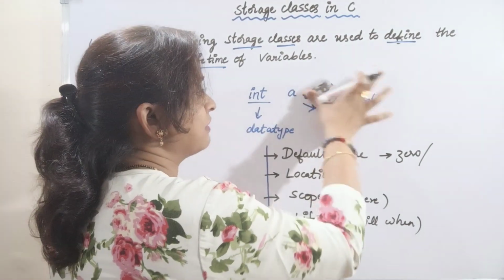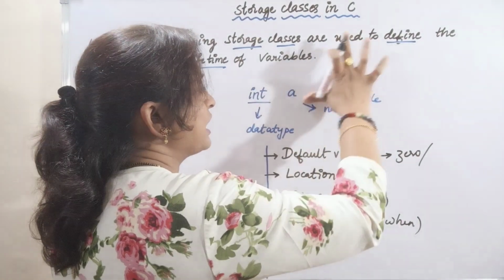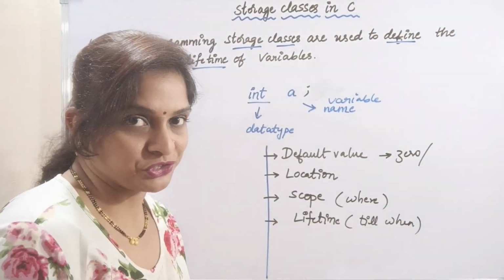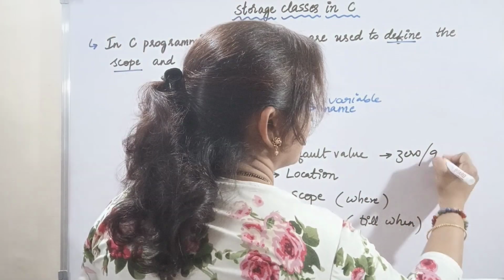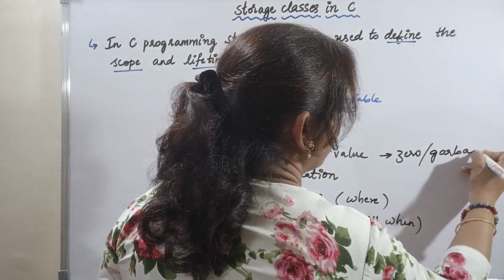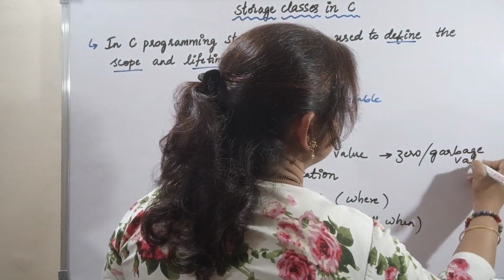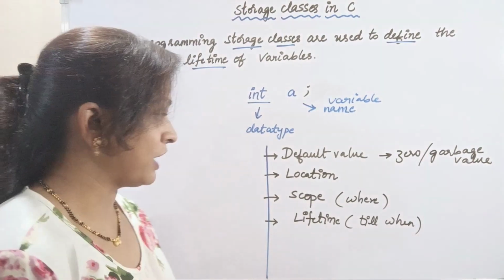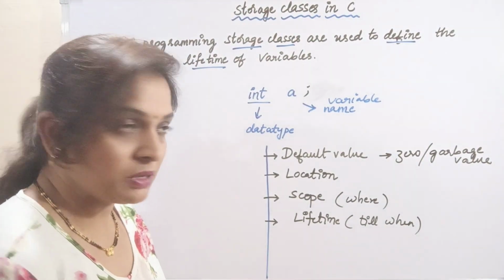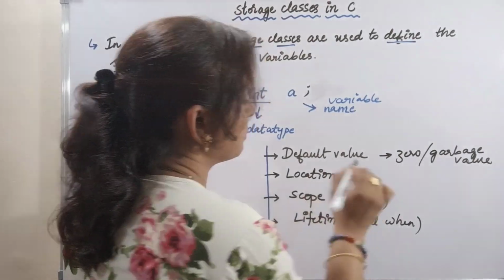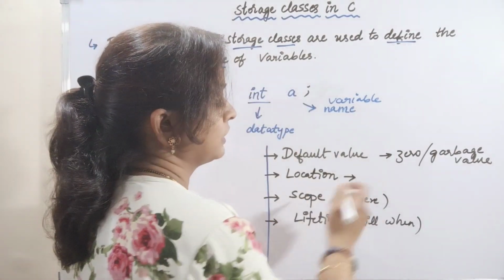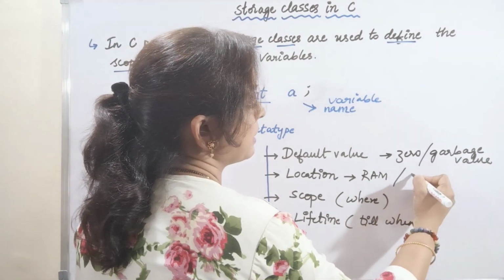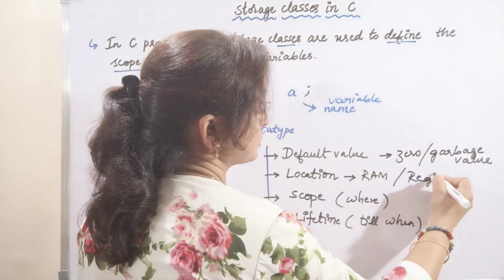If you have not initialized the variable, then it may store 0 or it may store a garbage value. Location means where the machine is going to store the data. It may be in the main memory, that is RAM, or it may be in registers.